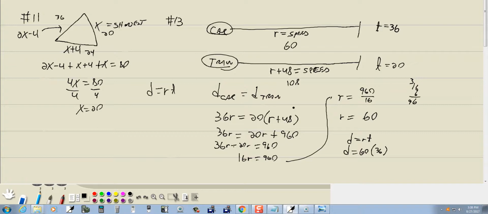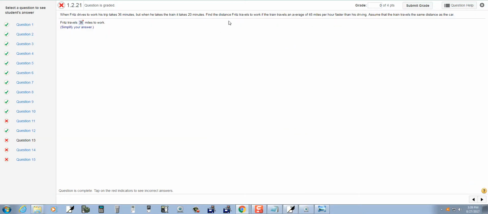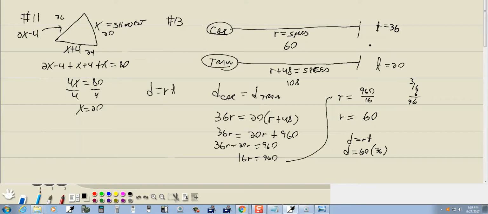My rate is 60, 48 miles per hour. 36 minutes. Okay, so our time here in hours would be 36 over 60, and this would be 20 over 60. Now if I put these over 60, the 60s would just cancel anyway.